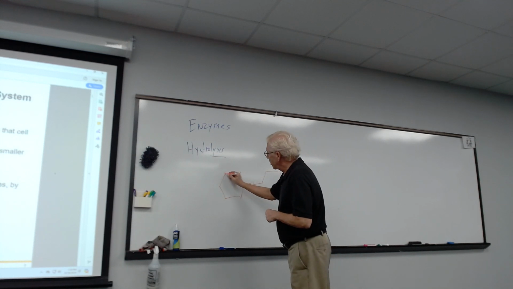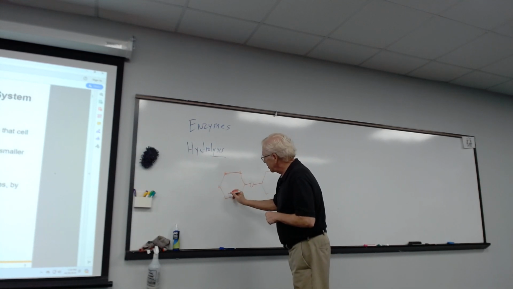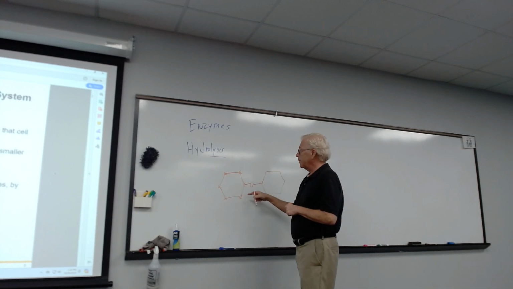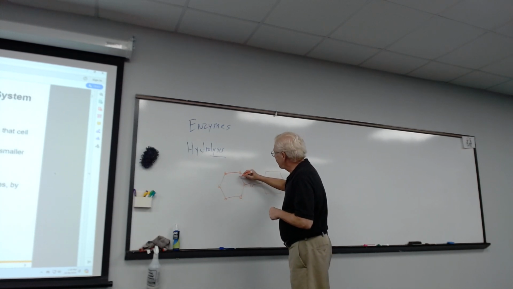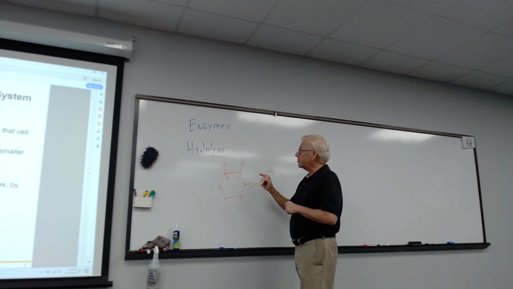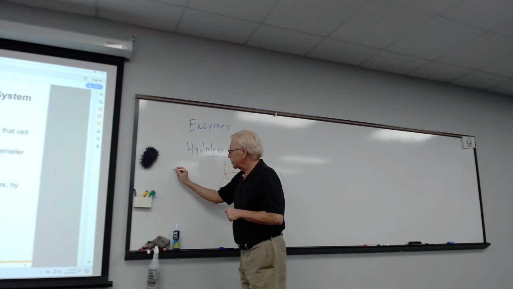If you remember from your chemistry days, there's a carbon at every corner, okay? And hanging off of each carbon is an OH and an H. Got it? An OH and an H. 10-4? Hence the name carbohydrate.